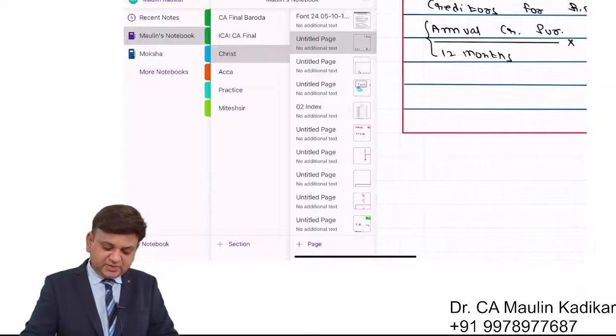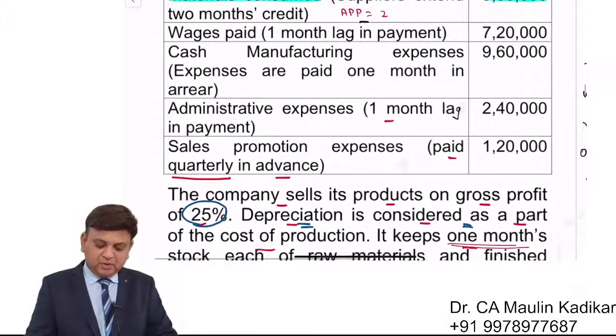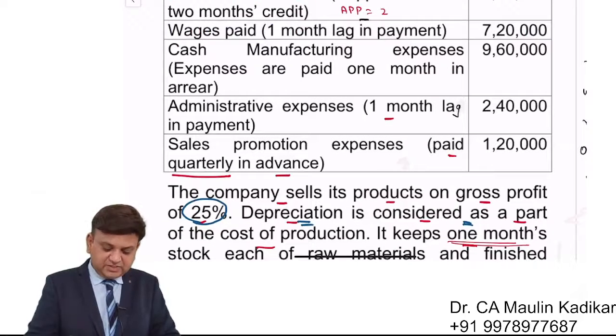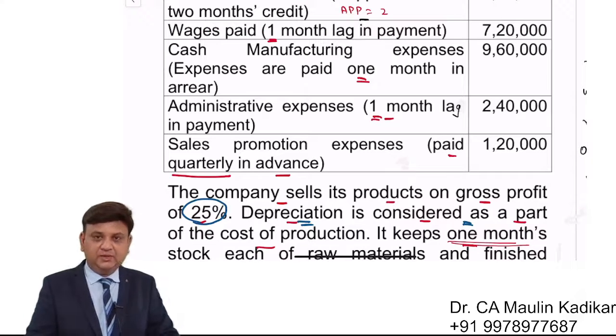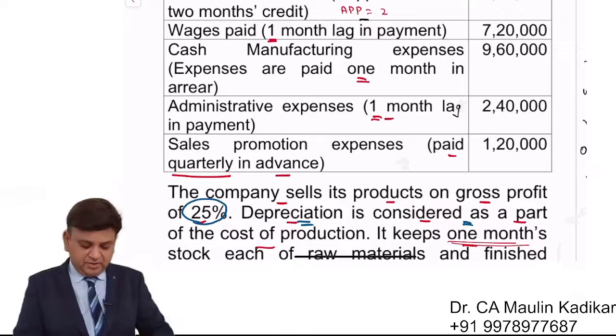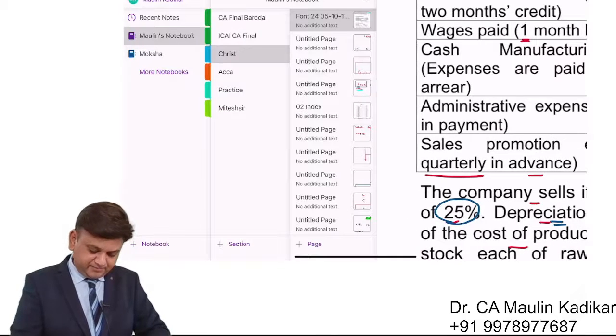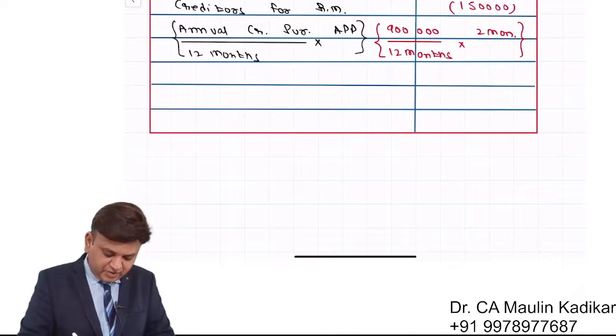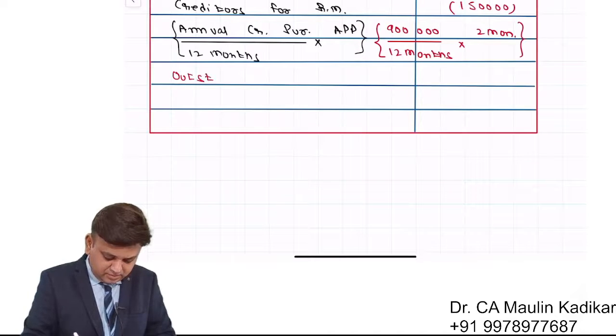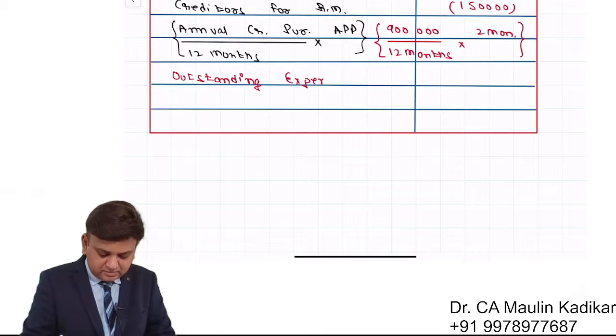Next is creditors for expenses. Coincidentally, wages 1 month, cash manufacturing expenses 1 month, administration also 1 month. So we can club all of them to compute the answer. So it is outstanding expenses.